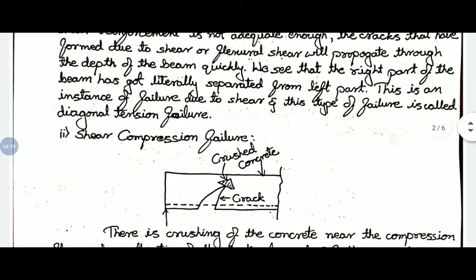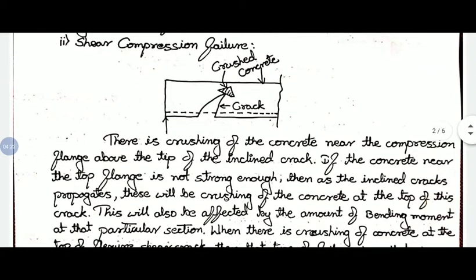So the next type is shear compression failure. In this, the concrete near the compression flange, above the tip of the inclined crack. That means the crack will penetrate from bottom to top along the depth of the beam.